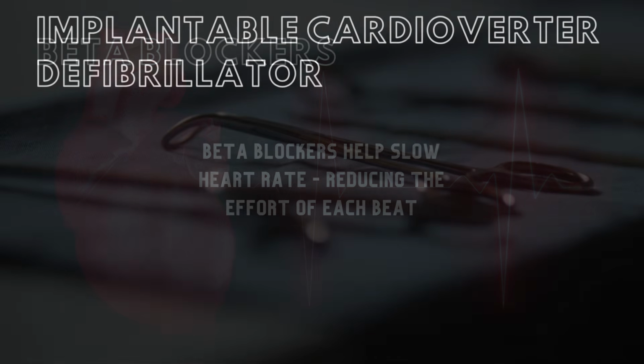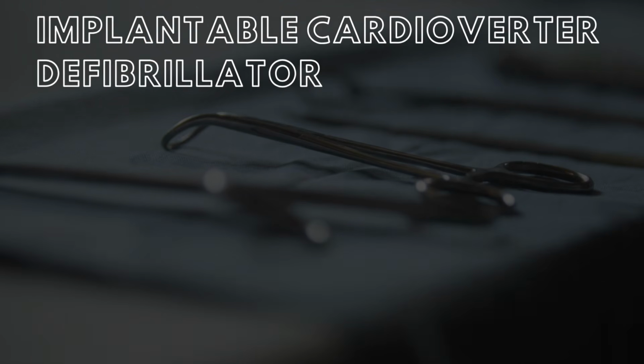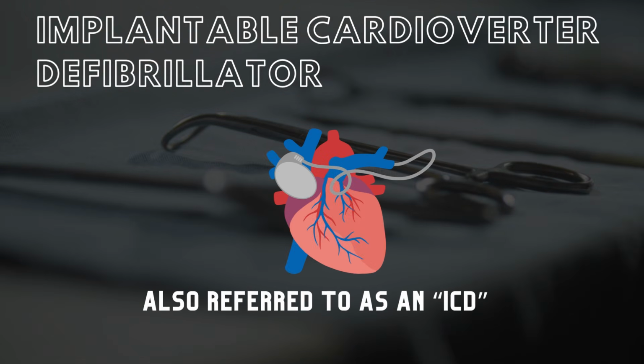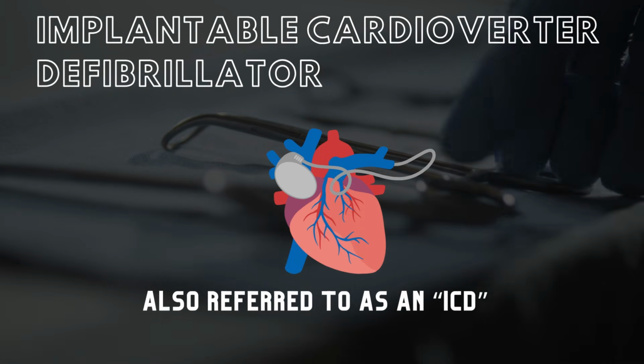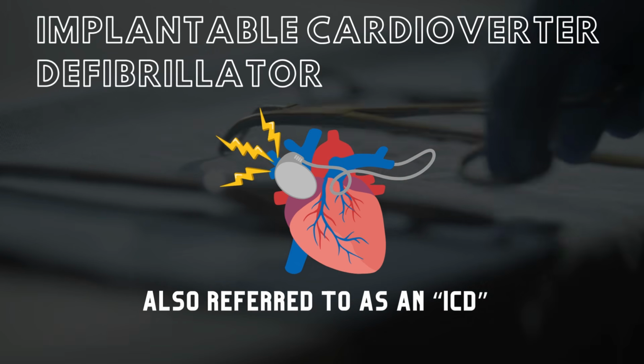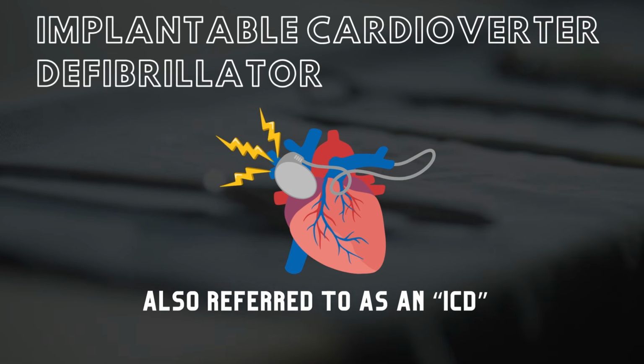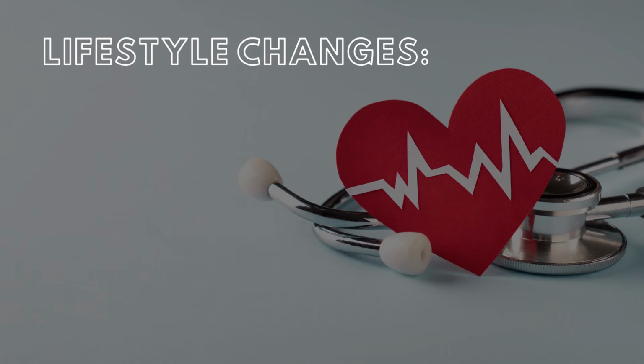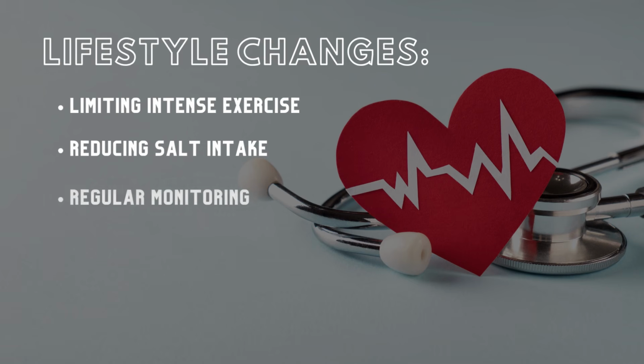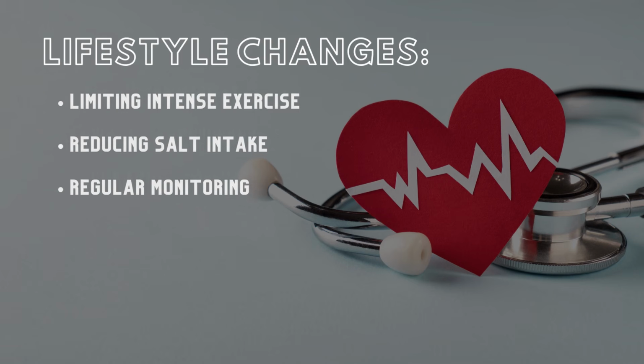In severe cases, a small device called an implantable cardioverter defibrillator, or ICD, can be placed in the chest to monitor heart rhythm and deliver a corrective shock if a dangerous irregularity occurs. Lifestyle changes can also make a difference. Limiting intense exercise, reducing salt intake, and regular monitoring are all part of living well with HCM.